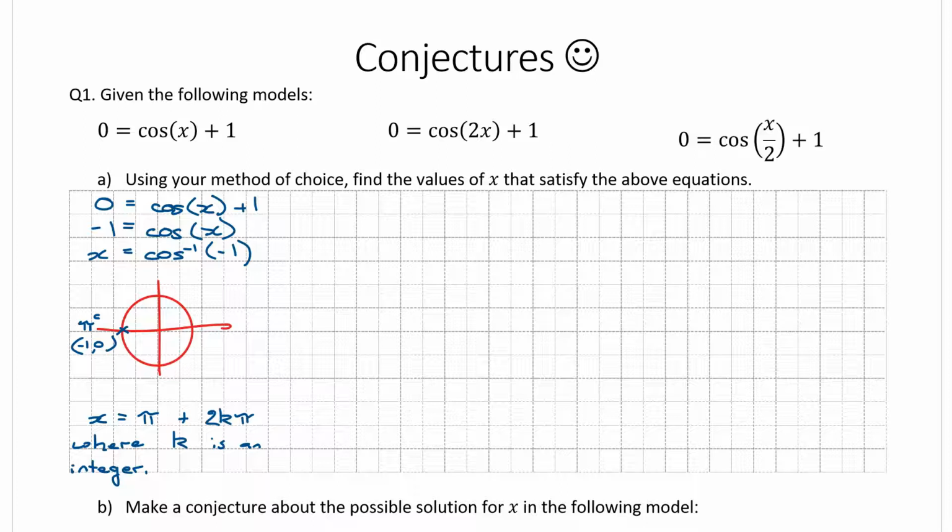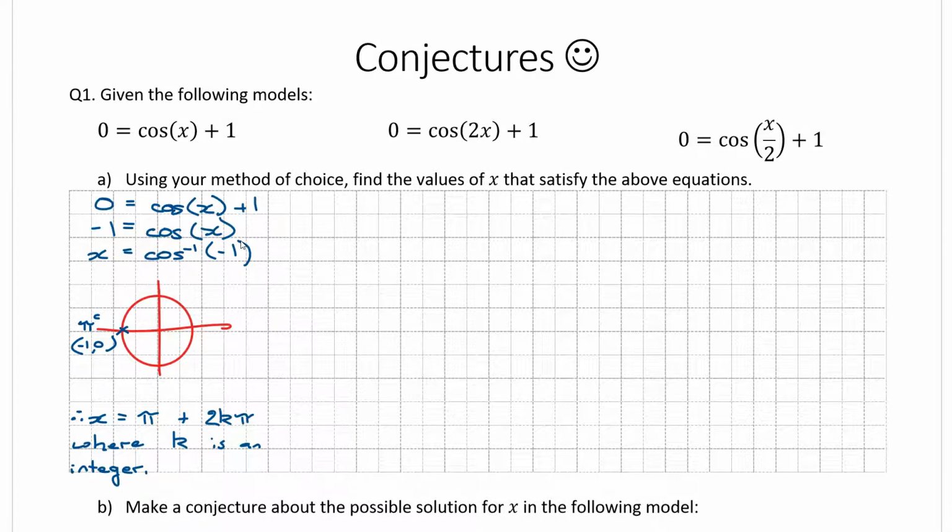Therefore, we've found a model of x which would satisfy the equation above for all values that x could be, so over an infinite domain. So this would be our solution to the first model here.